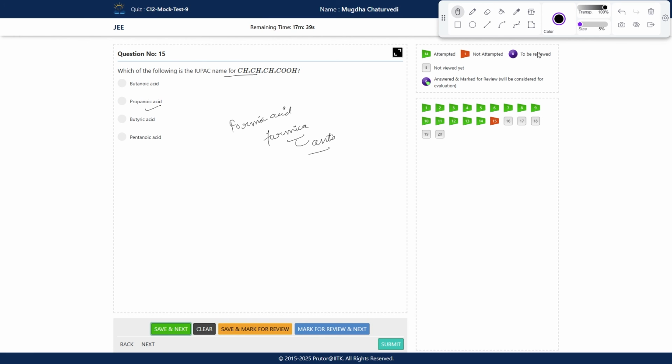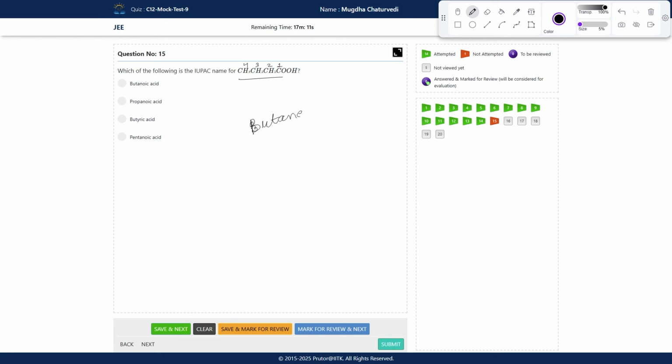Now let's see the next one. It is saying which of the following is the IUPAC name for this compound. If we carefully look, this is the longest carbon chain. If I do the numbering, I will start with this carbon: 1, 2, 3, 4. So 4 carbon atoms are there, and the root word is butane.